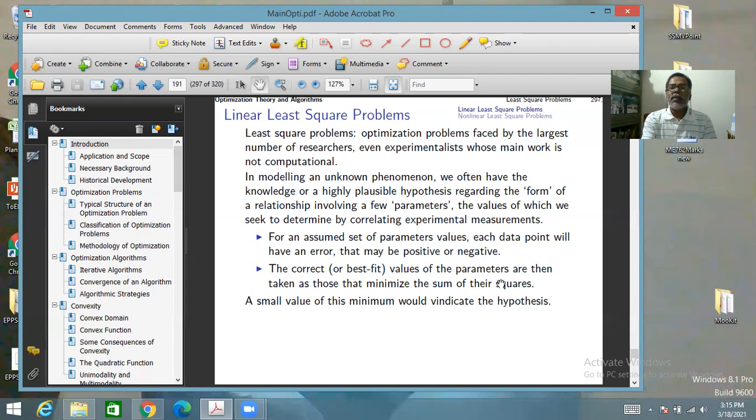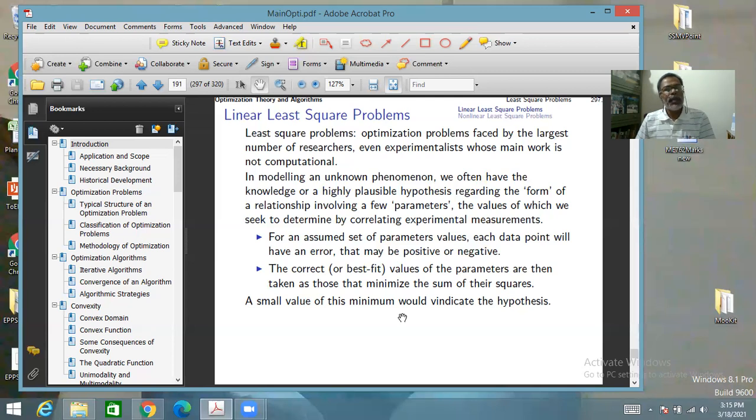And finally, with those parameter values which minimize this error, you evaluate that minimum error value, that is, the minimum of the sum of squares of errors. If that turns out to be small, that means that everything has been good. First of all, the form of the function is most probably correct. And then your experiment has been good, experimental errors are less, and now you have got the correct parameter values also.